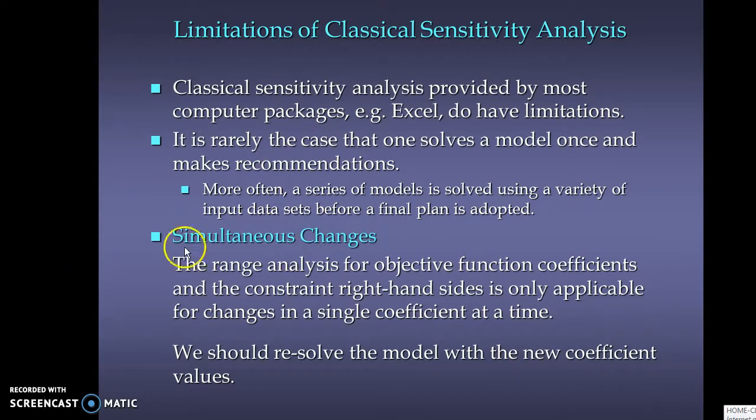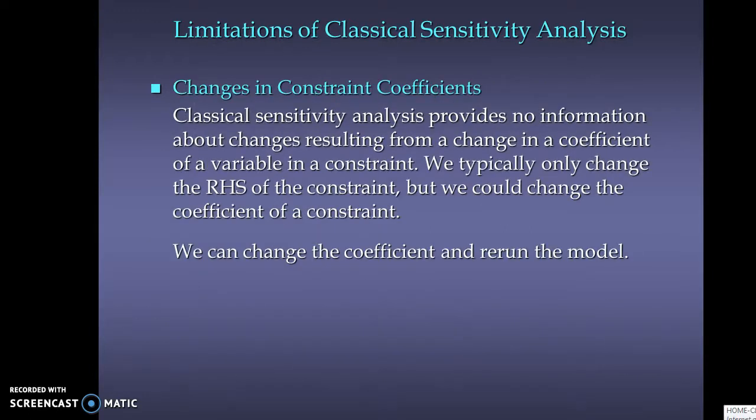And that falls into this notion, I mentioned it last week, about simultaneous changes. So when we change the right-hand side constraints, adding more sewing hours or inspection and packaging hours, we can only change one at a time. And we have to resolve the model every time we make a change. Similarly, if we have changes in the coefficients of the constraints, that is, how many sewing hours does it take to prepare a standard bag?